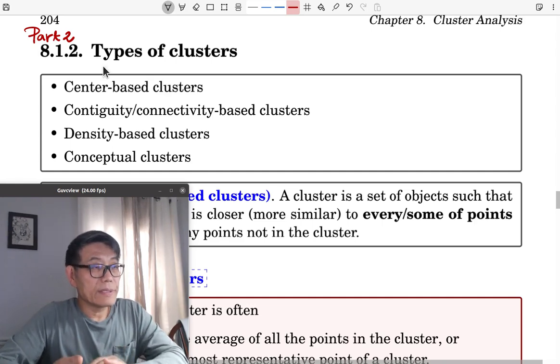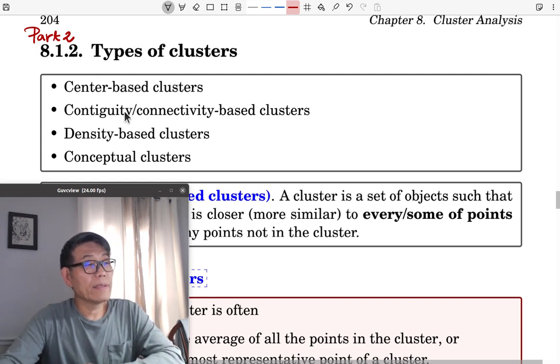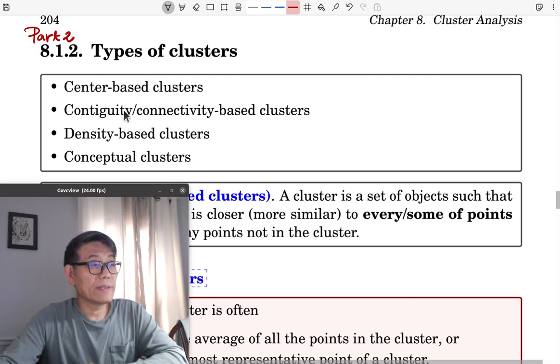It is the second part of section 8.1 as basics of cluster analysis. Here we'll consider various types of clusters: center-based clusters, contiguity-based clusters, density-based clusters, and conceptual clusters.